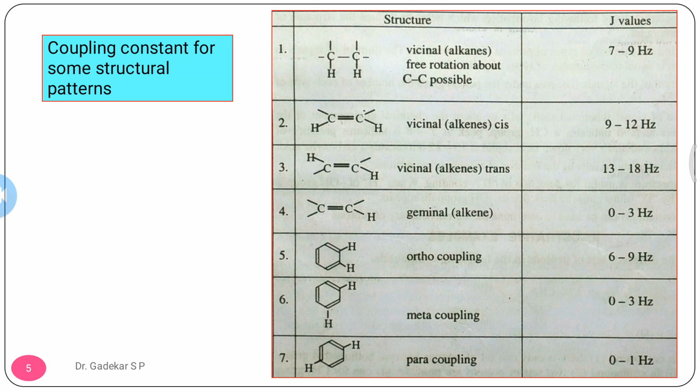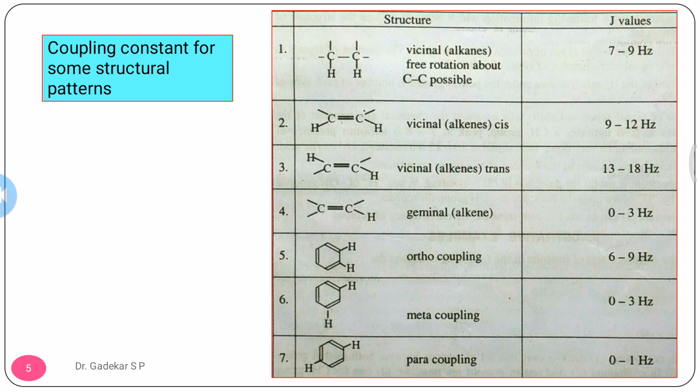So this is the cis and this is the trans. If cis, the J value is 9 to 12 hertz.